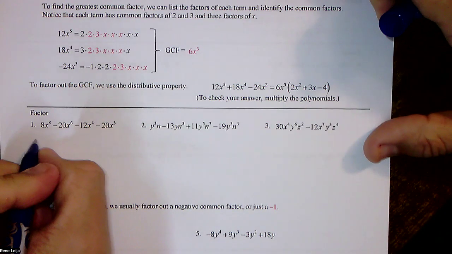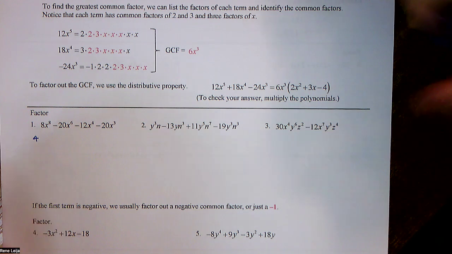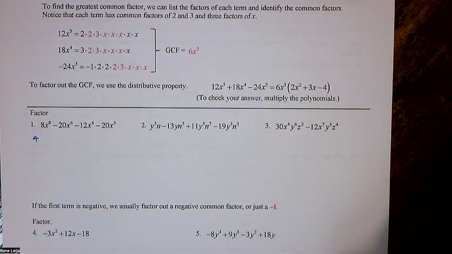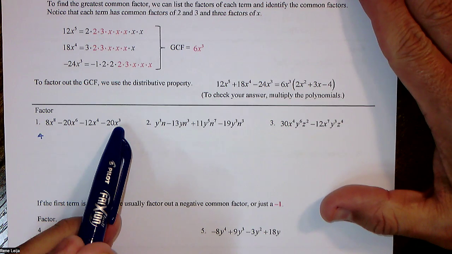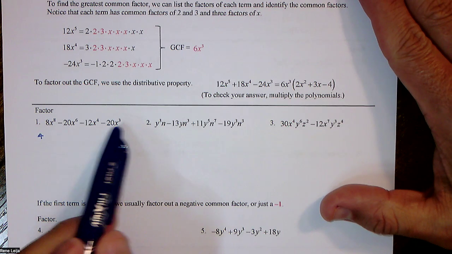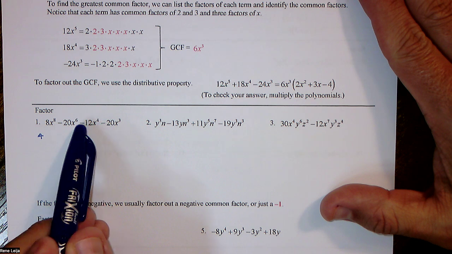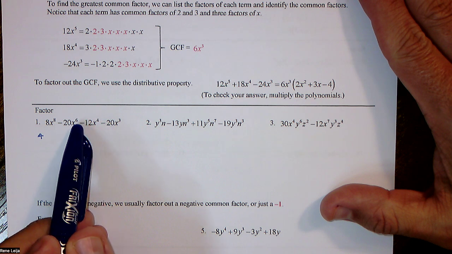So if I take out a 4, that's for the numbers. Now look at your variables. We have x to the 8th, x to the 6th, x to the 4th, x to the 3rd. Now you might think, oh, we're looking for the greatest common factor, so we want to take out the x to the 8th. Well, this only has 3 x's to give up, and you can't get 8 out of 3, you can't get 8 out of 4, and you can't get 8 out of 6.